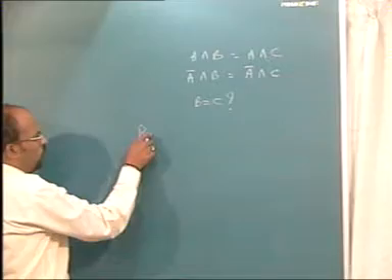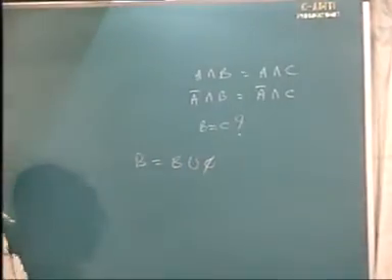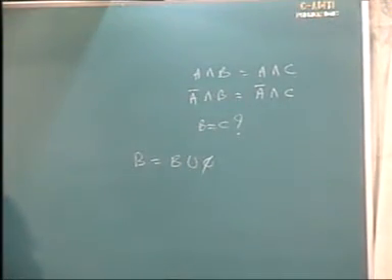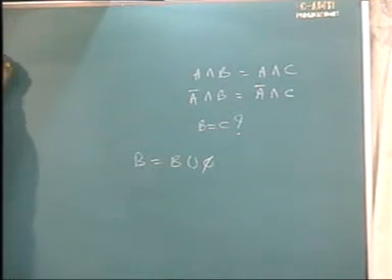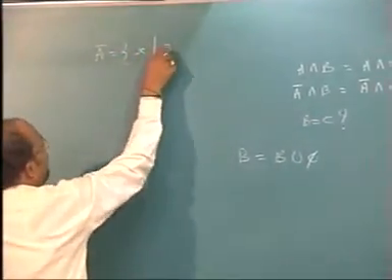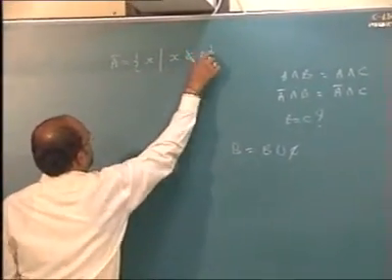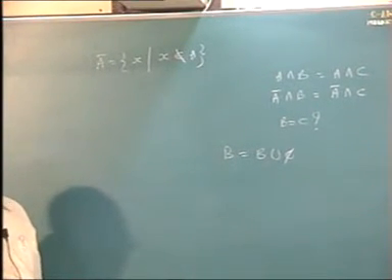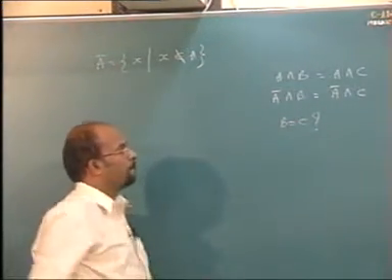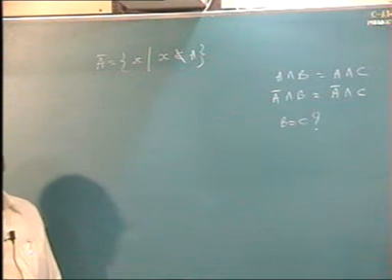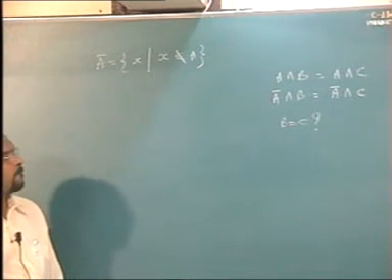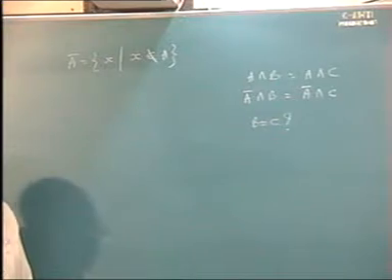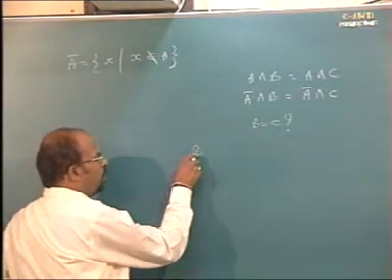We can write B equal to B union phi, and then the complement, if you take A complement, will be a set where X does not belong to A. B intersection B complement is phi.